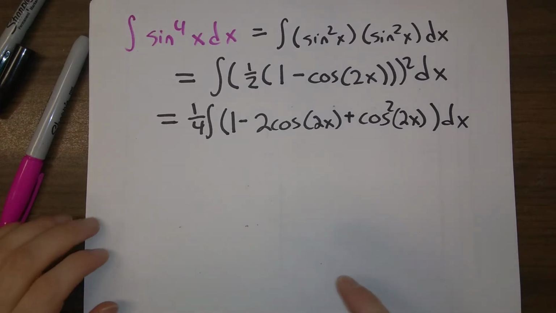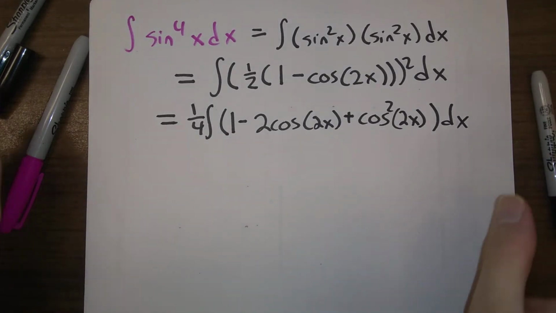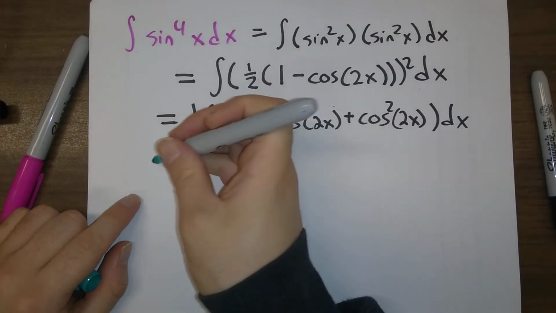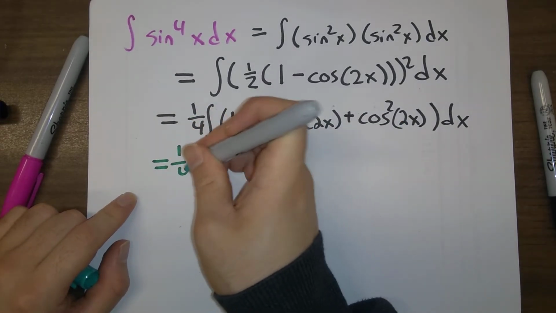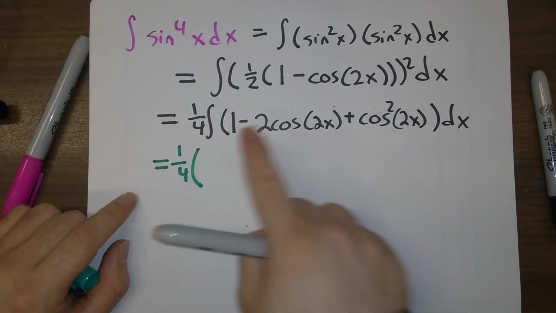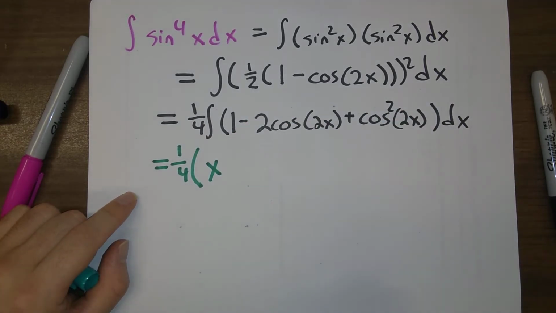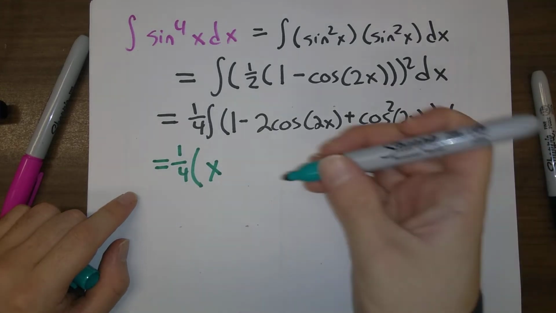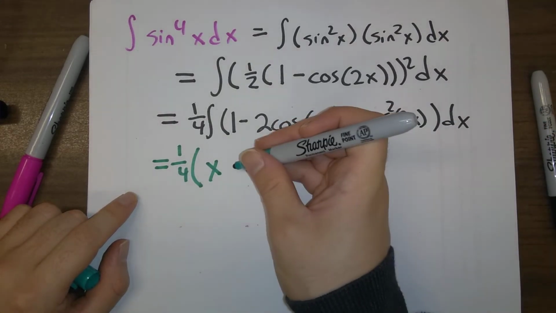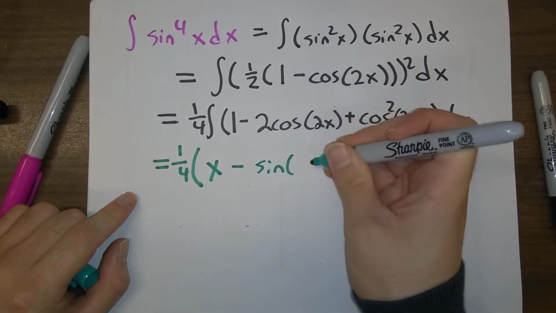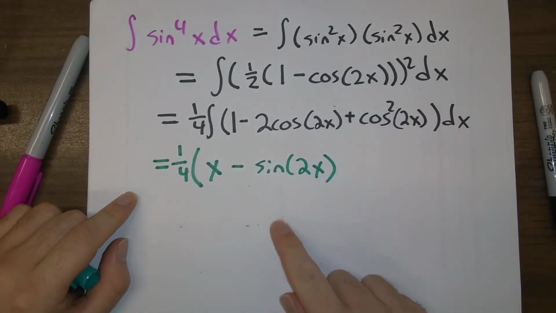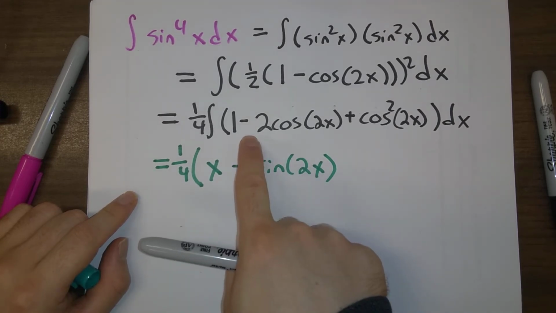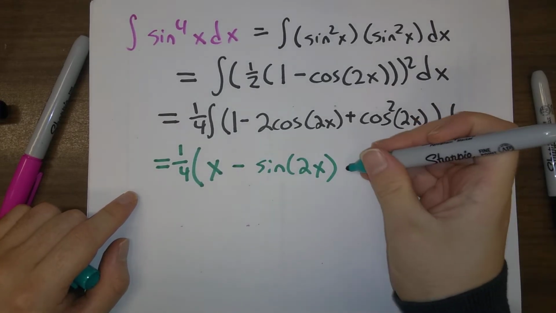At this point, we can again evaluate much of this. The answer would be 1/4 times the antiderivative of 1, which is x. The antiderivative of minus 2 cosine 2x would be minus sine of 2x, because when we take the derivative of minus sine of 2x, we get minus 2 cosine 2x.